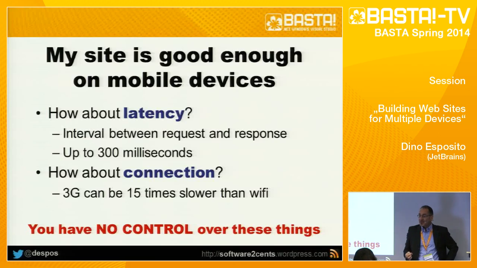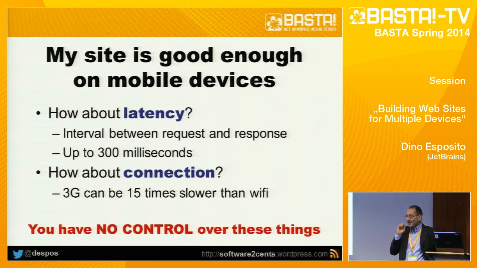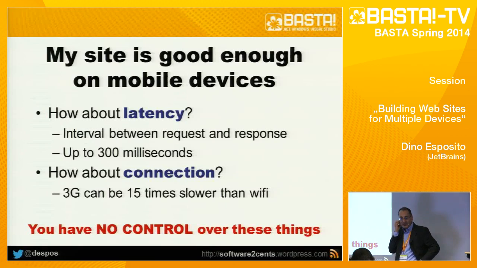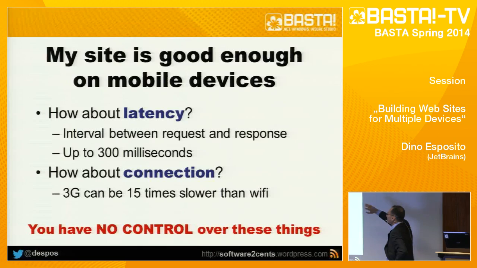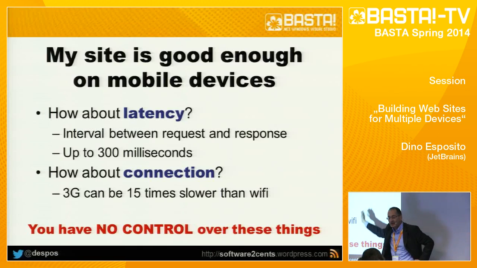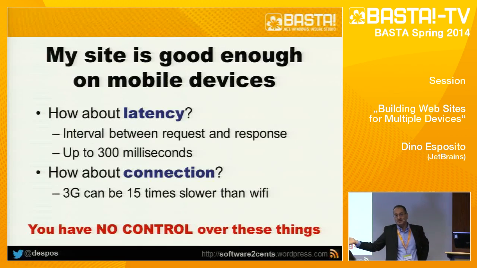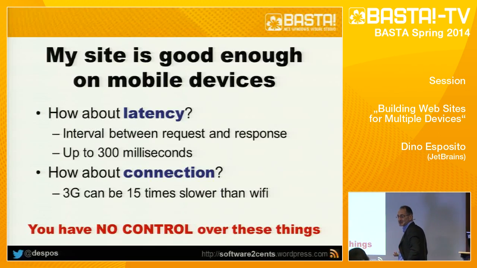My site is good enough on mobile devices, yes, but do you really know about the thing called latency and the thing called connection to the network? Latency is defined as the interval that elapses between the request and the response, and it could go up to 300 milliseconds.